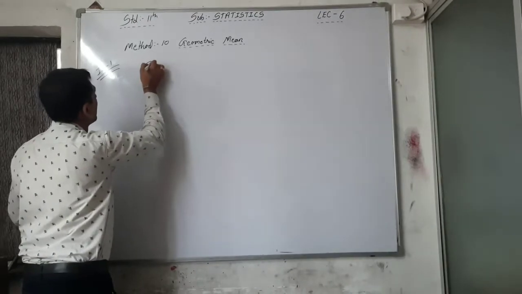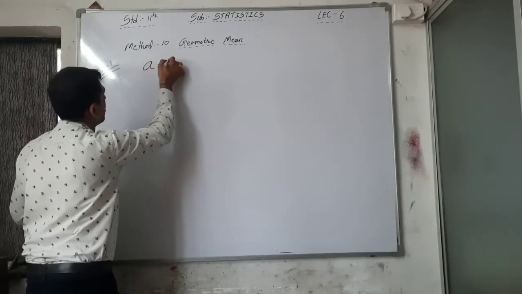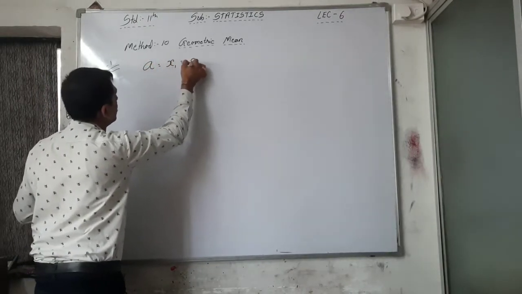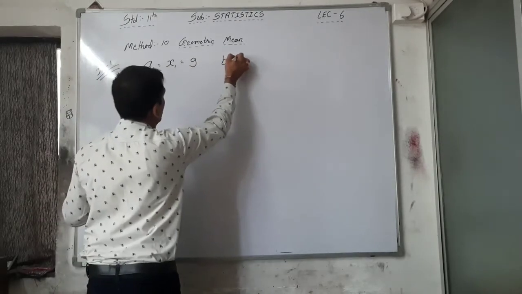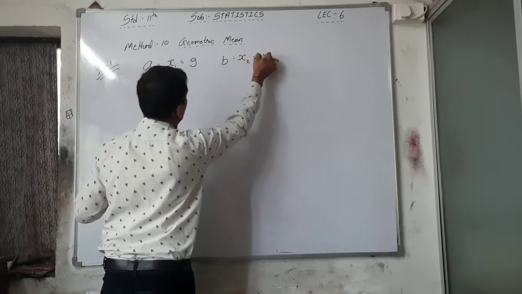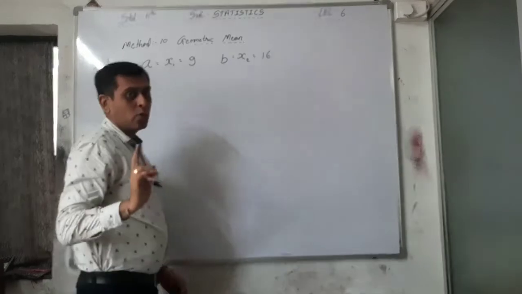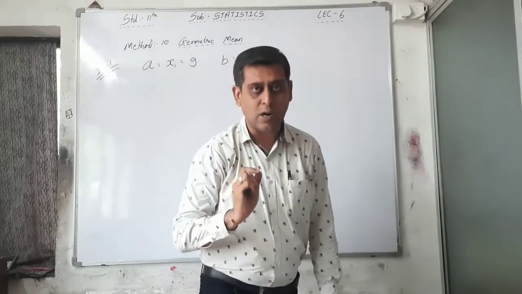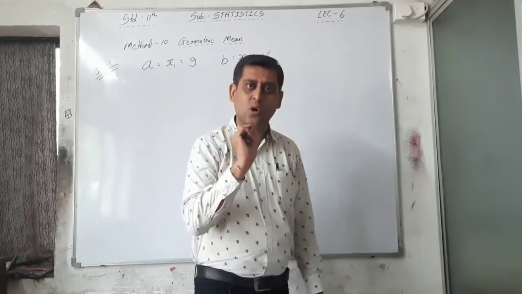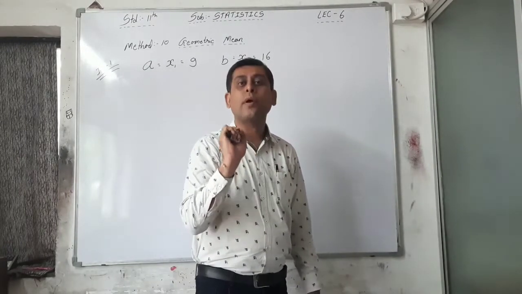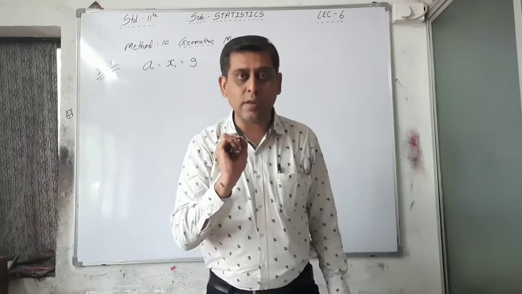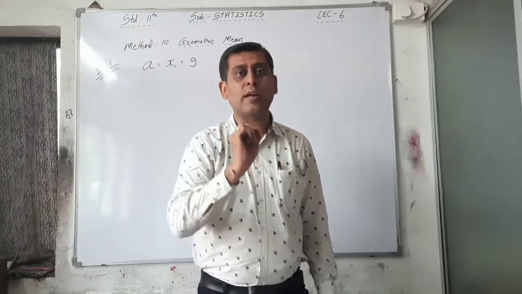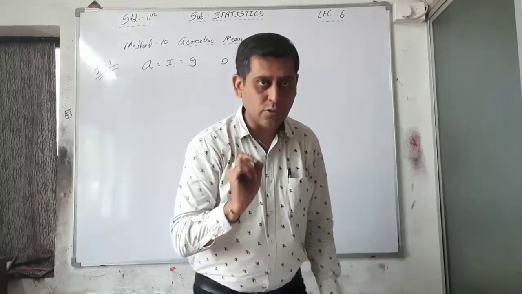The first number, x1, is equal to 9 and the second number, x2, is equal to 16. Both numbers are given and you have to first find the arithmetic mean, that is the normal x bar, and then the geometric mean. And you have to prove that x bar is greater than g.